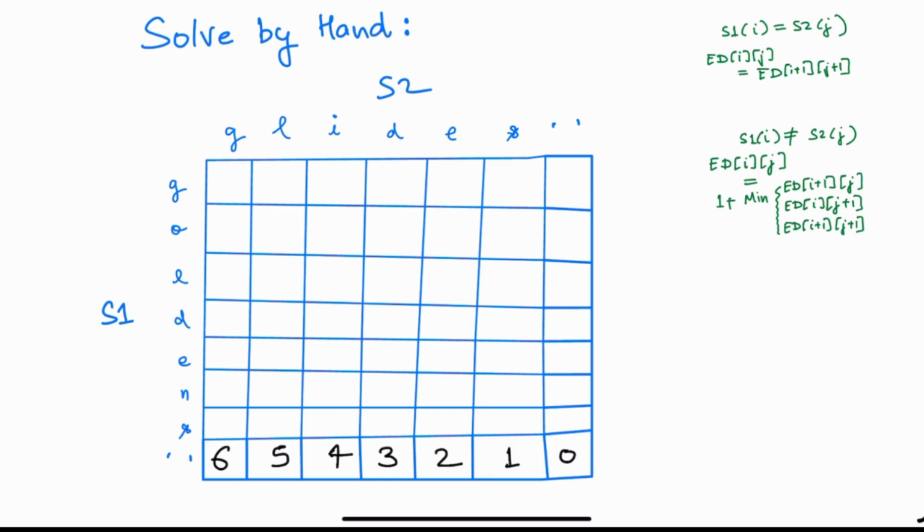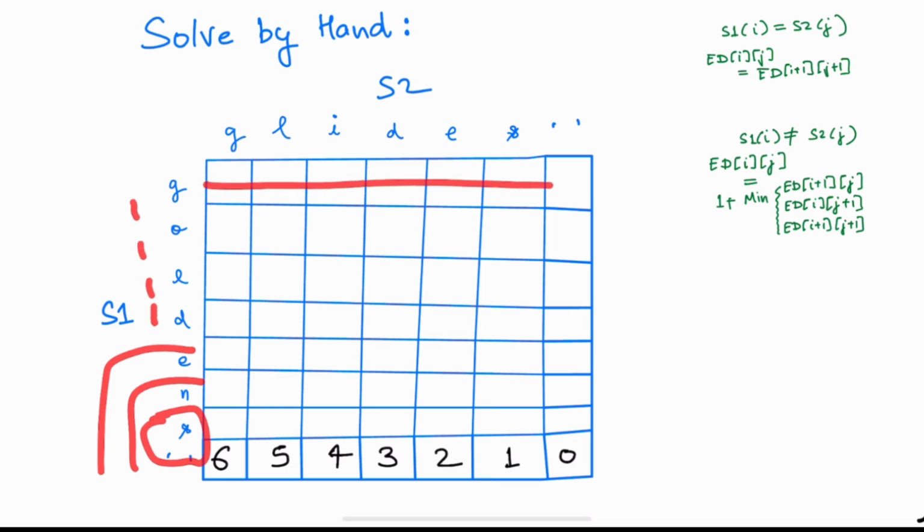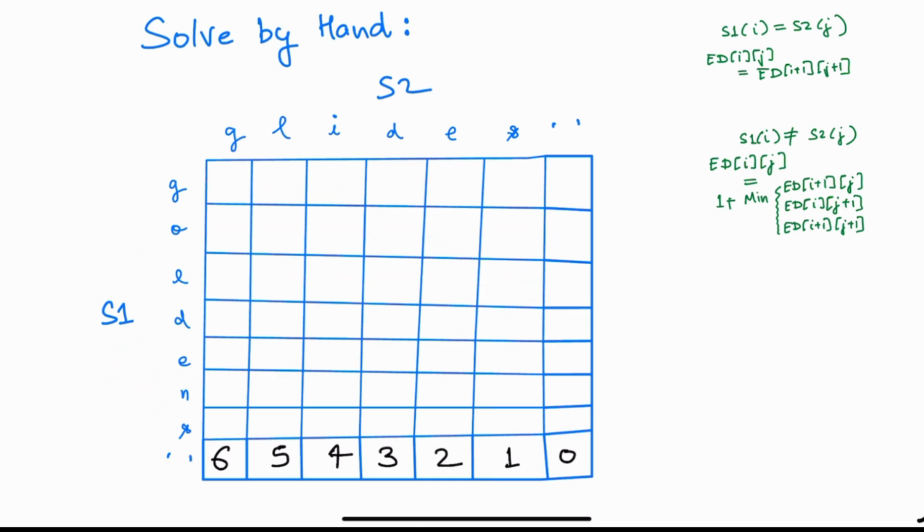By similar logic, we can fill this column, which now represents S2 being the empty string and S1 being the strings from S till the end, from N till the end, E till the end, and so on for these individual entries. Now if you want to fill this, what does this mean?